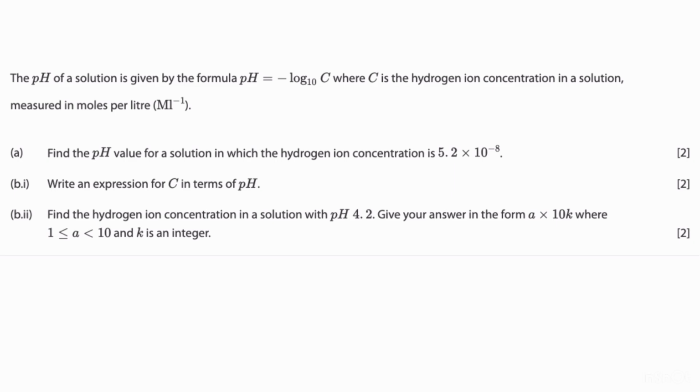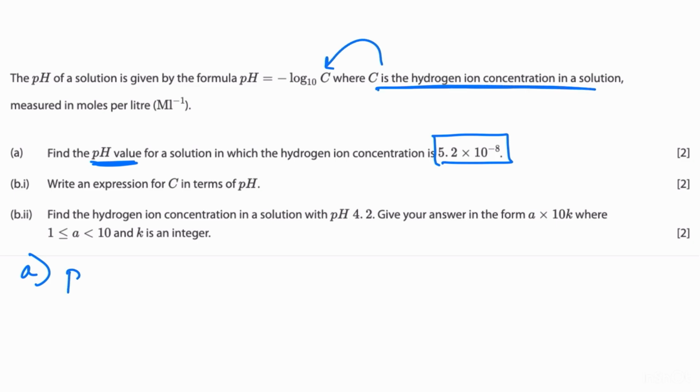I always tell my students, no matter how difficult these log questions look on the exam, you have to look past it because they actually are not so bad. Usually they're just substitution, and the calculator has a log base button that you can press and you can get your answers. Sure enough, here for part A, to find the pH value in which the hydrogen ion concentration is 5.2 times 10 to the negative 8, all you have to do is substitute into your equation.